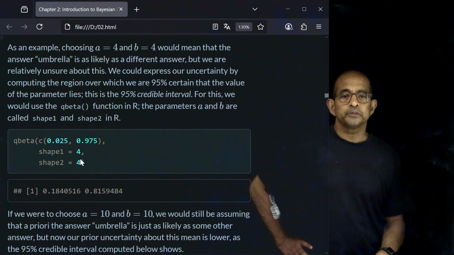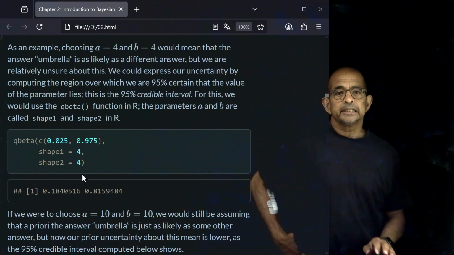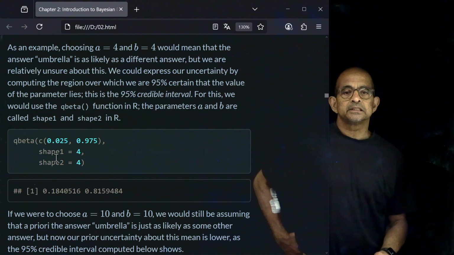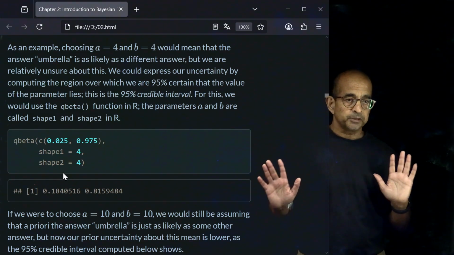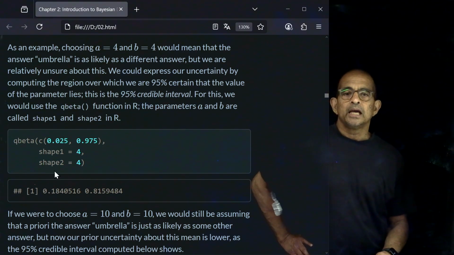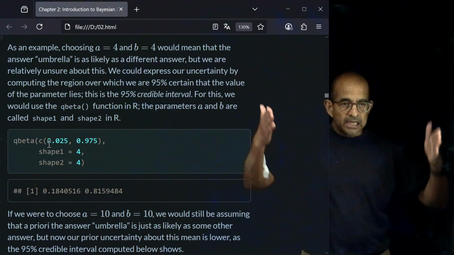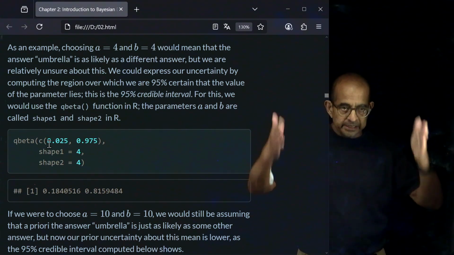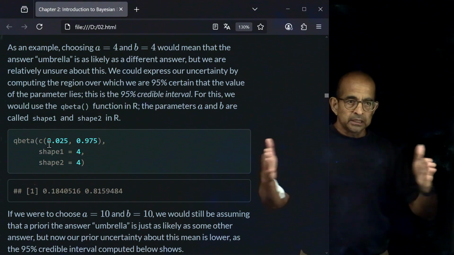So suppose I assume A and B to be 4 in the beta distribution. In R, A is called shape1 in the beta family of functions, and B is called shape2. Don't ask me why. Okay, so we have A and B as shape1 and shape2, and what we can do with the qbeta function is find out the quantiles such that 95% of the area under the curve in the beta(4,4) distribution is covered.